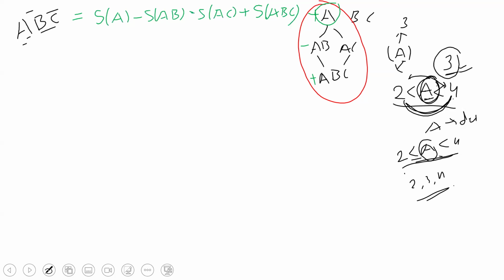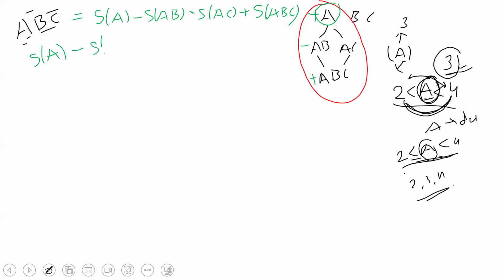Now I'm adding some other terminology to it, just for simple bound calculations. Just remember that for bound calculations, support will always be greater than or equal to zero. Support cannot be negative. When do we get support as 0? When you don't have that item in any of the transactions in the database. So support of anything will always be greater than or equal to 0.